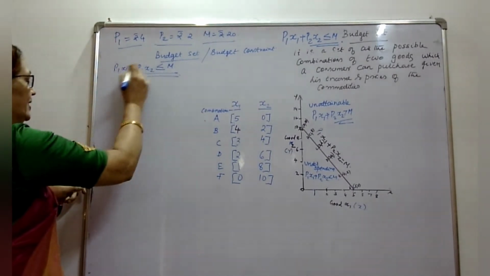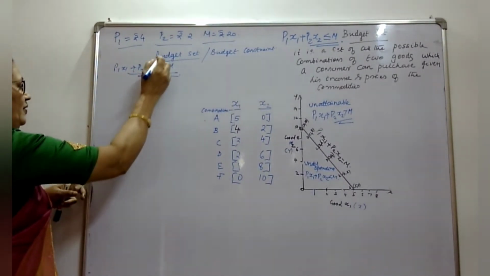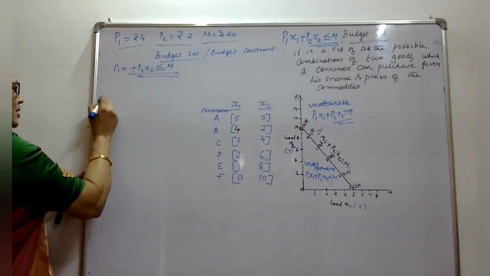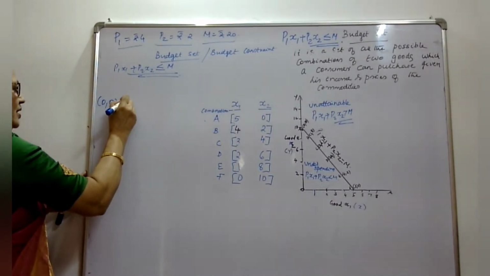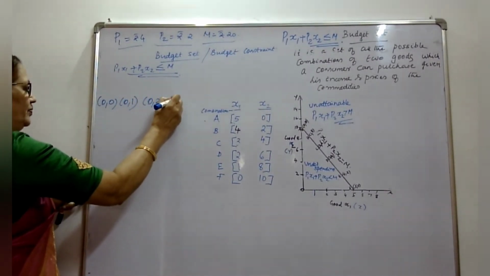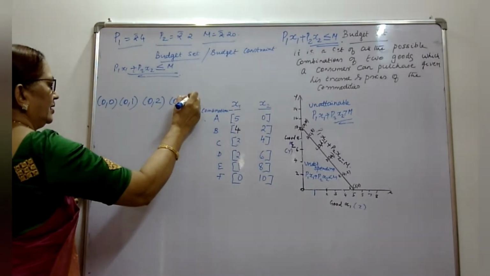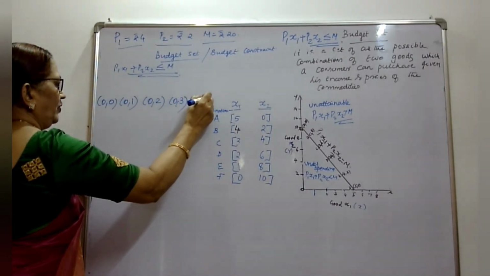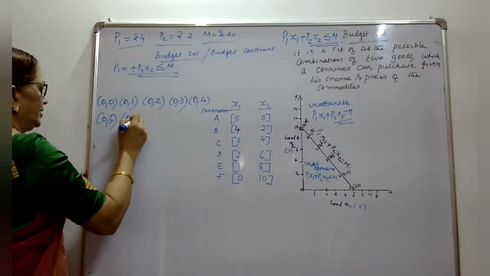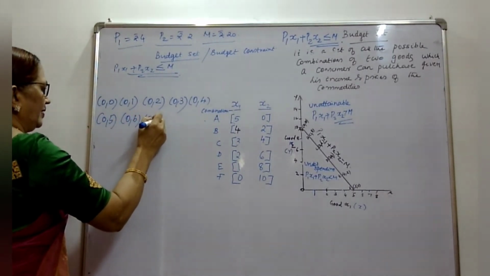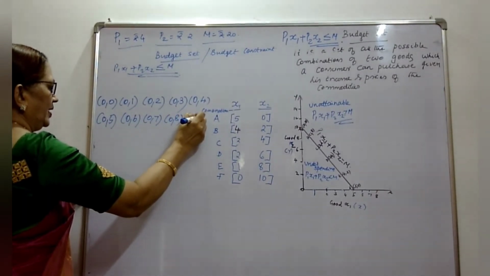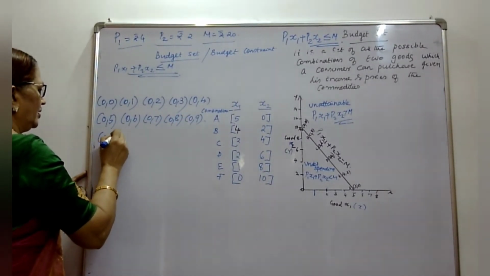Okay. So budget set. If we take the first good, its price is 4, and the bundles are 0, 0; 0, 1; 0, 2; 0, 3; 0, 4; 0, 5; 0, 6; 0, 7; 0, 8; 0, 9; 0, 10.